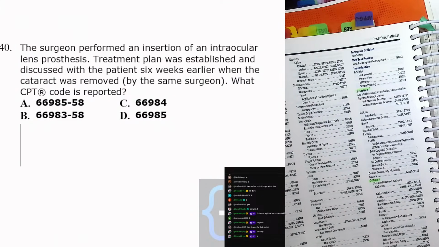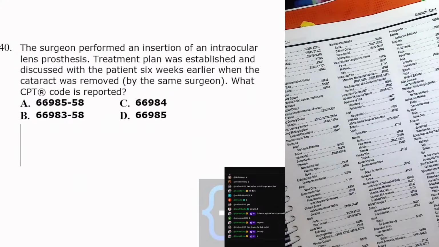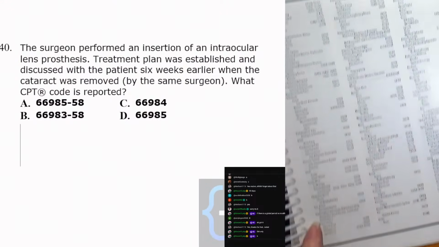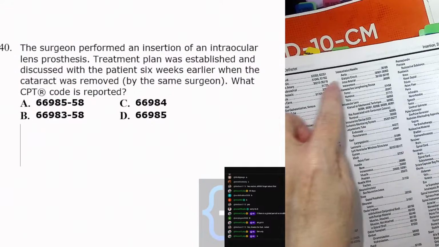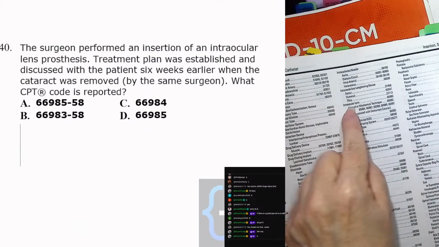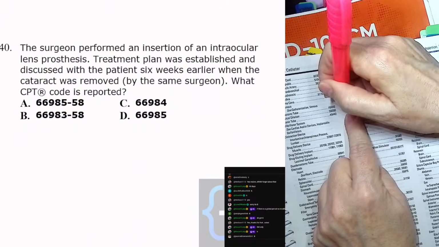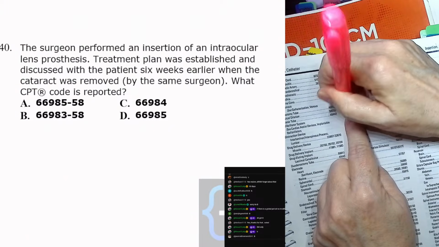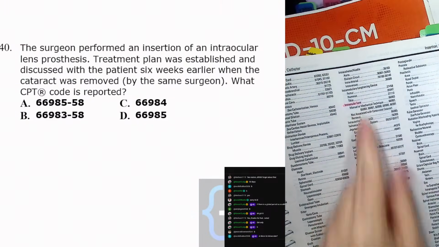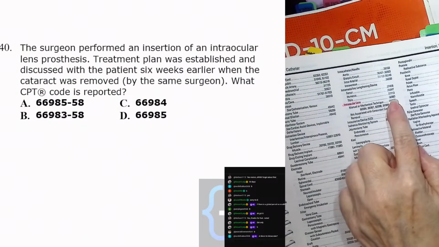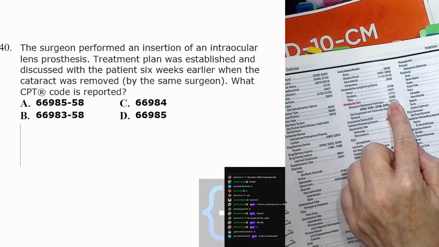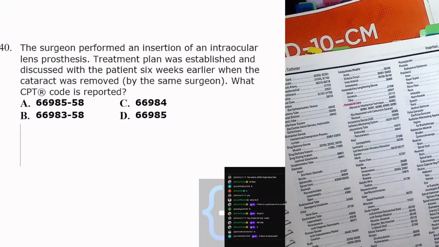Intraocular lens. Gonna have to keep going. Intracatheter. Intraocular lens. That ends up being on page 1215 in the middle column. That tells me my code for today's procedure has to be 6698 what?